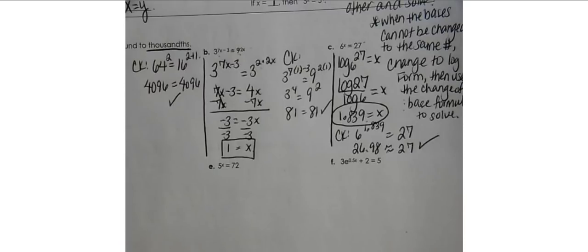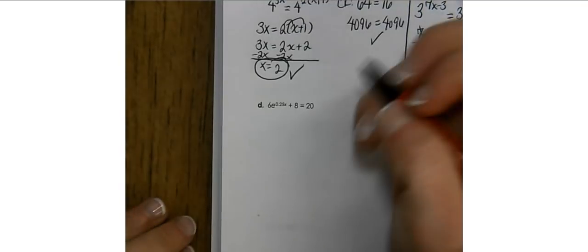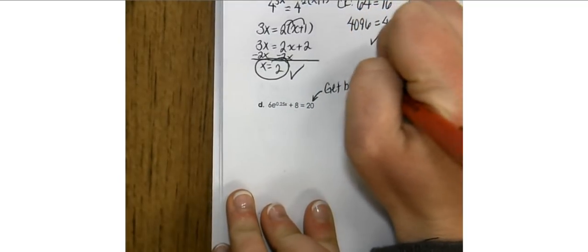Let's go ahead and look at letter D. For letter D, we need to get the base and the exponent alone first. So that's what I'm going to write down right here. We want to get the base and the exponent alone first.